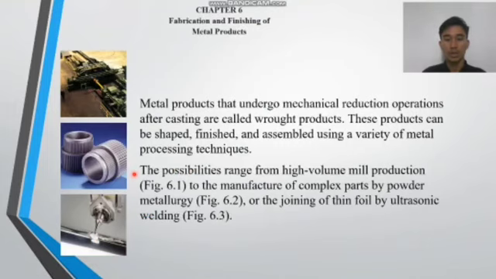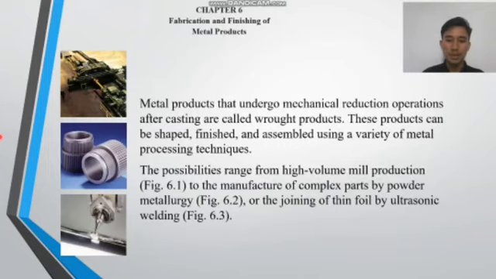Okay, chapter 6 is Fabrication and Finishing of Metal Products. Metal products that undergo mechanical reduction operations after casting are called work products. These products can be shaped, finished, and assembled using a variety of metal processing techniques.